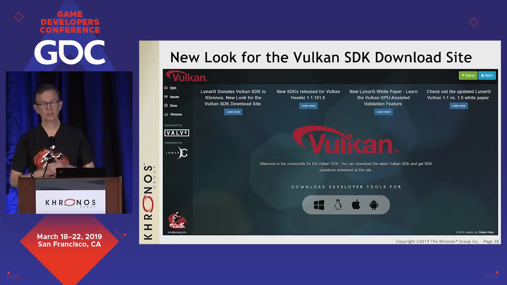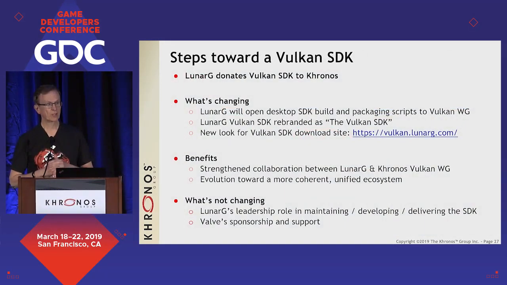In fact, it is. And one thing we've done is we've said, well, that just doesn't look coherent. So LunarG has kindly agreed to start the process with us of migrating that SDK to where it is a more integrated part of the ecosystem that Khronos provides and supports.